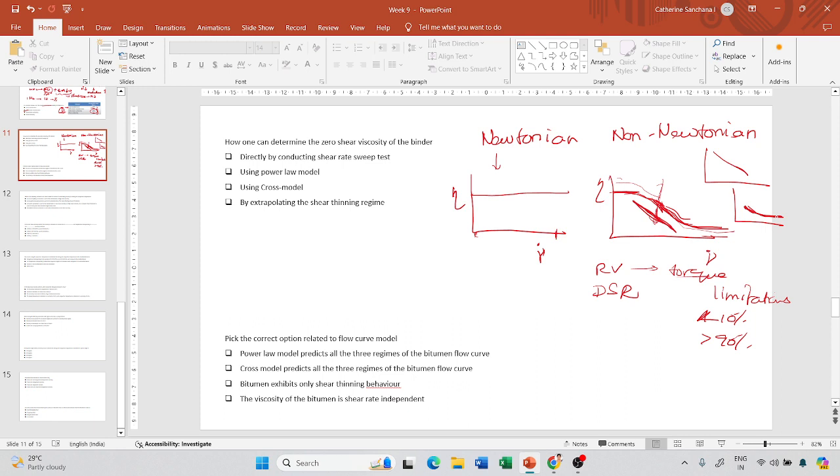In that case, what I can do is fit a model.